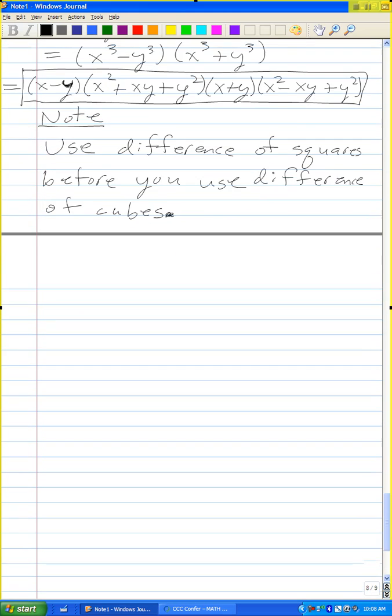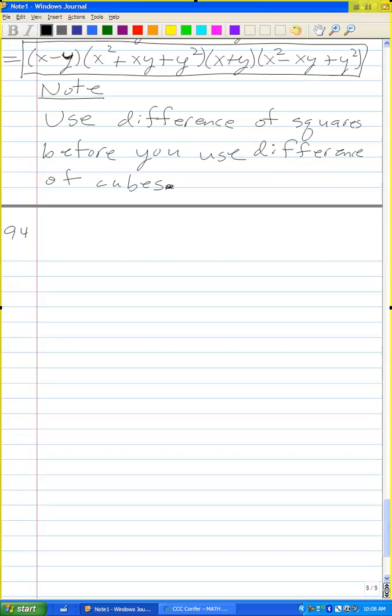Let me do problem number 94. 1 over 216 minus 729 y cubed. Okay, so let's do the cube root of 216.